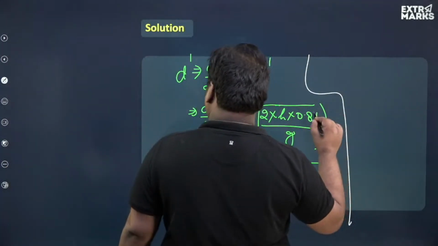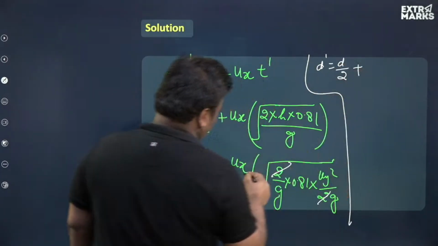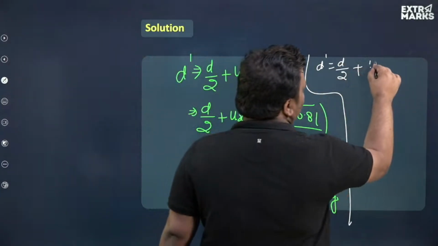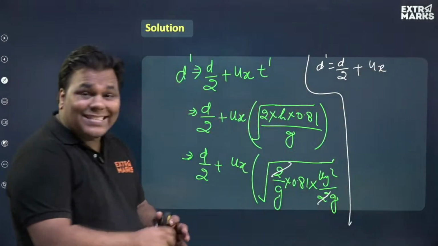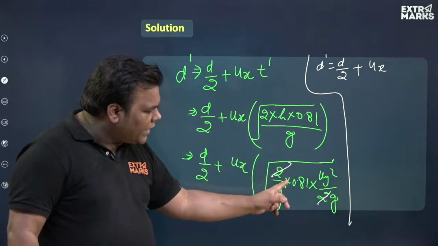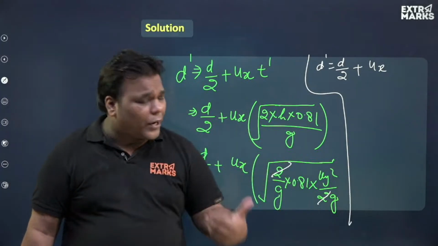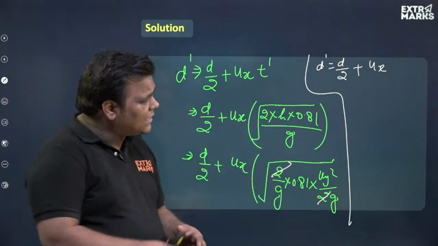Next point will be d dash is equal to d by 2 plus ux. Now, whatever is inside this under root, we can take it out. So, under root 0.81 will be what? Under root 0.81 will be 0.9. This will be uy, this will be g.